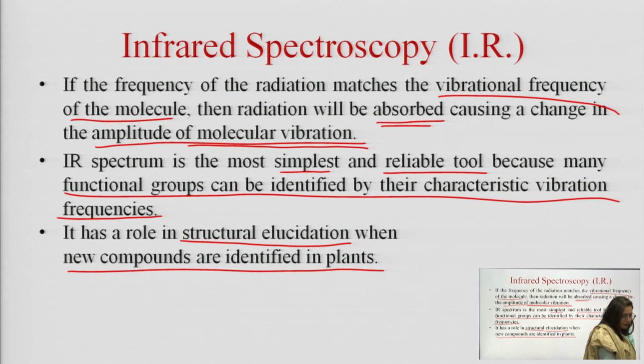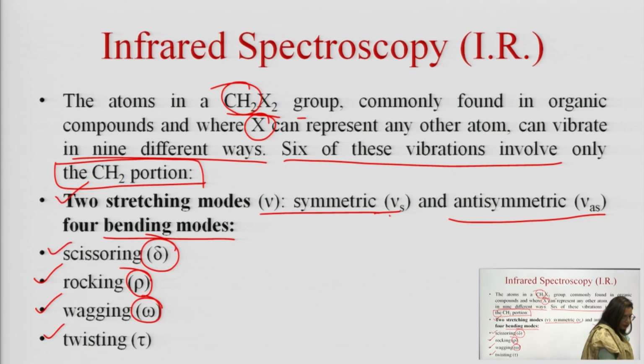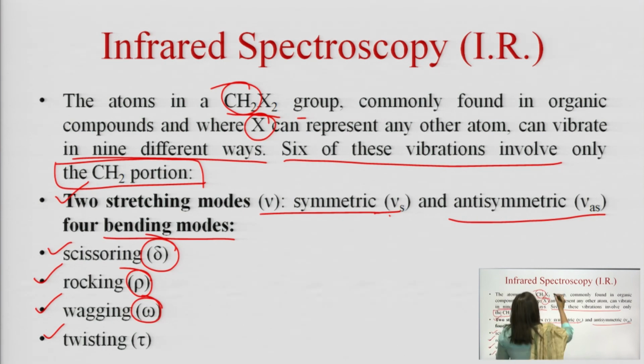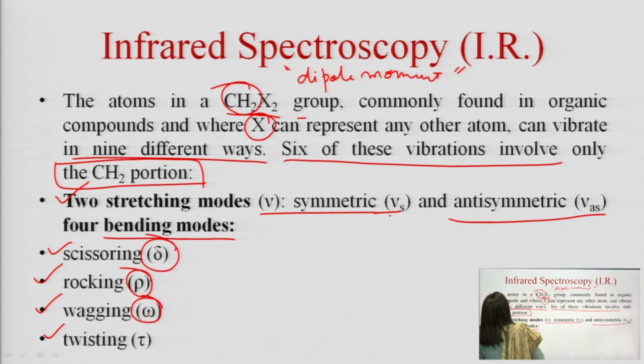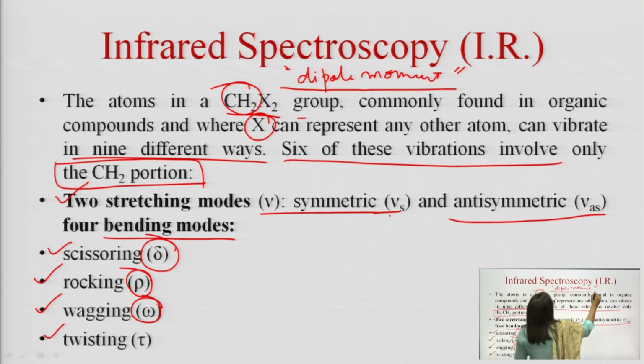And here there are various types of vibrational transitions. The dipole moment of the molecule changes on exposure to the IR. So, a change in this particular dipole moment is recorded and it will give various modes of vibrations.